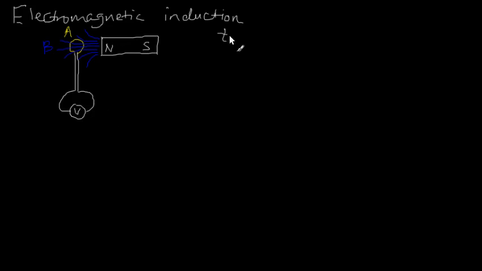So that would be the time, that would be the magnetic flux density, that would be the area. And I'm interested in what is the voltage produced, perhaps for different times that it takes to move this magnet away, different magnetic flux density, and different area. We want to find out what is the voltage that we see in this time.